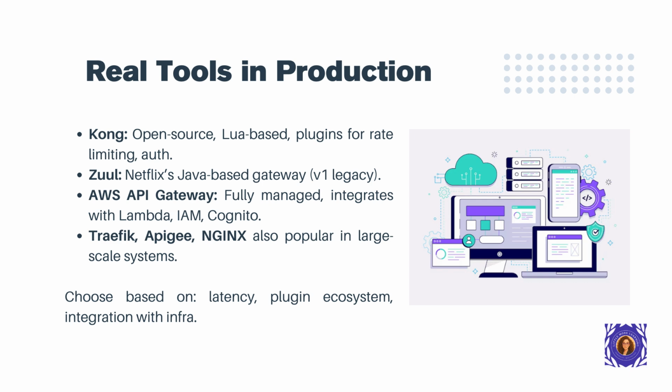If you're in the AWS ecosystem, their API gateway is fully managed and integrates beautifully with Lambda functions, IAM for authentication, and Cognito for user management. Other popular options include Traefik, Apigee, and Tyk. When choosing between these tools, you'll want to consider factors like latency requirements, the available plugin ecosystem, and how well they integrate with your existing infrastructure.